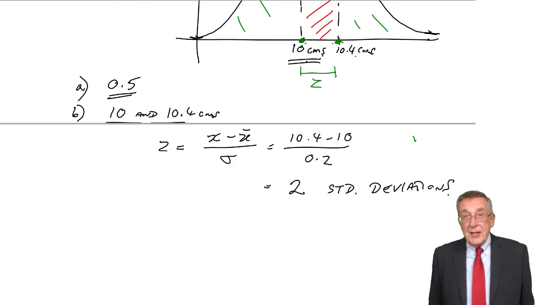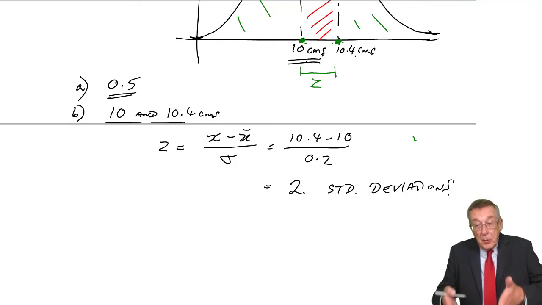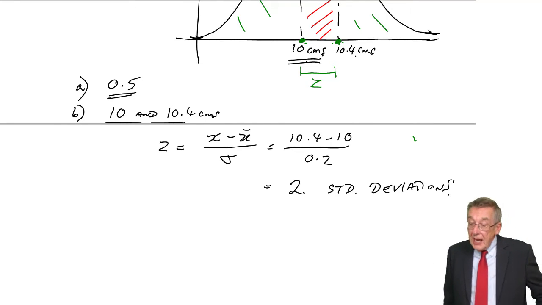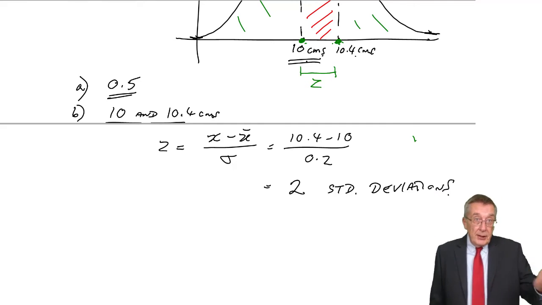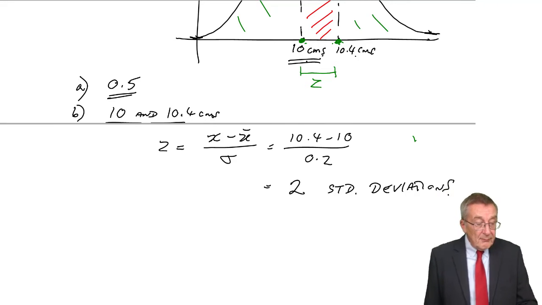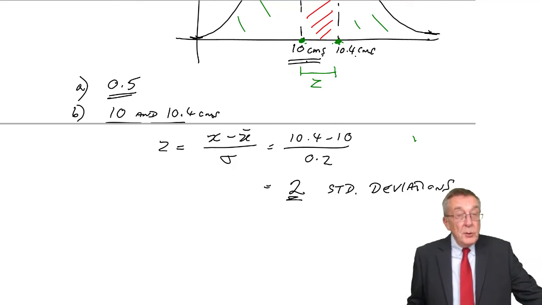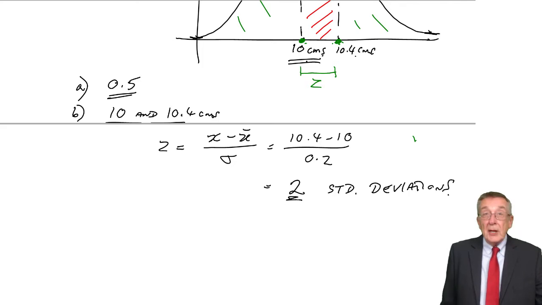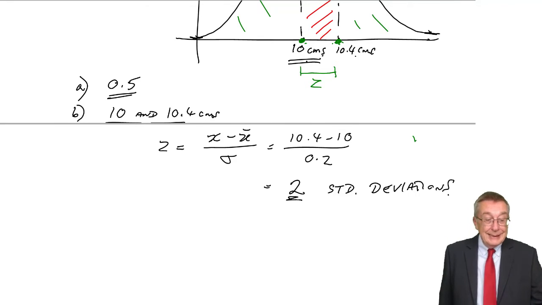And we can use that. We can look up in tables what the proportion is that lie within that range. Now you get given the tables in the exam, and at the beginning, on one of the first 2 pages of the lecture notes, and I want to look up the proportion that are 2 standard deviations away. Well, if you go down the side, down the column, it's at the end on the left-hand side, it's 0.0, 0.1, 0.2, 0.3, 0.4, and so on.